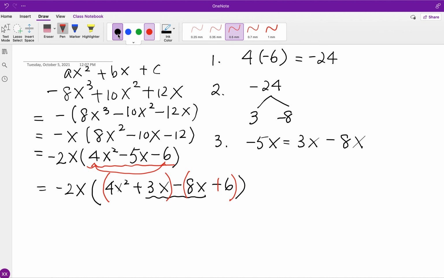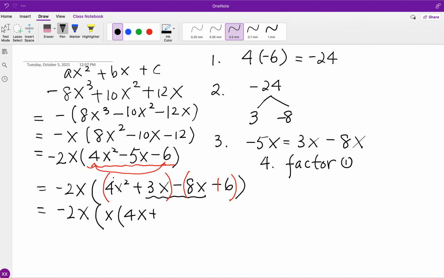Continue. My fourth step is to factor, first looking at the two sets of binomials. Factor 1: this one, just copy it, because you do not do anything. Between 4x squared and 3x, the common factor is x. Pull that out. Then we have 4x left over, plus 3. The subtract sign is still here.